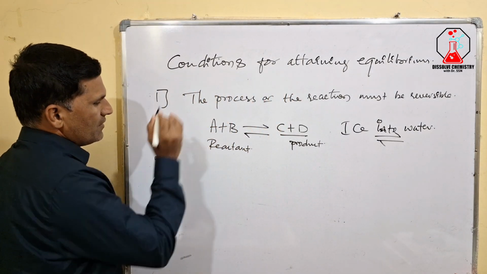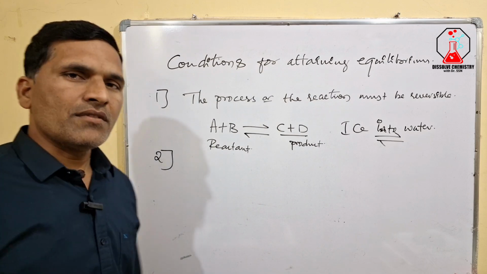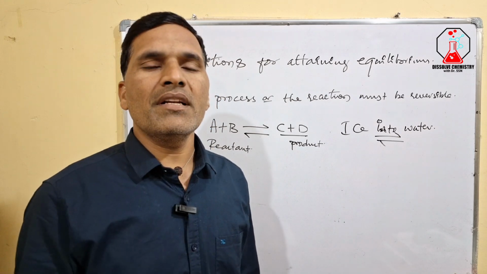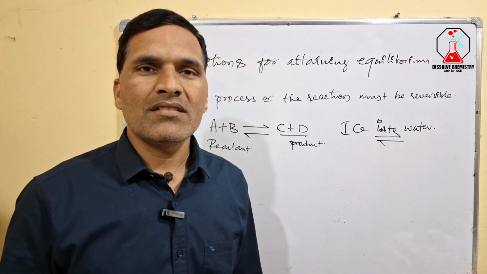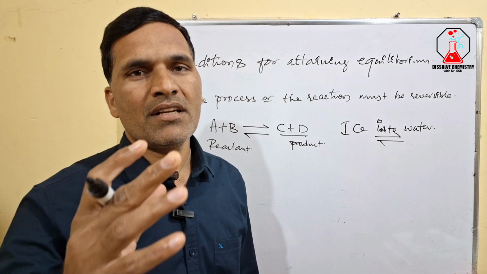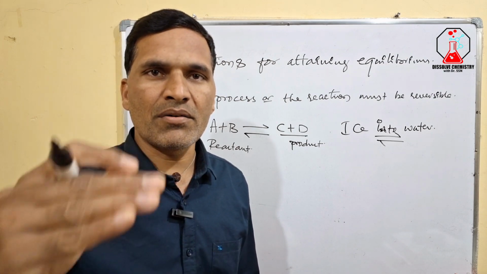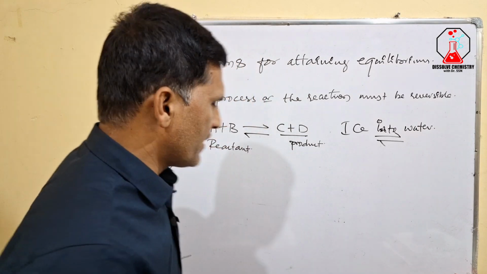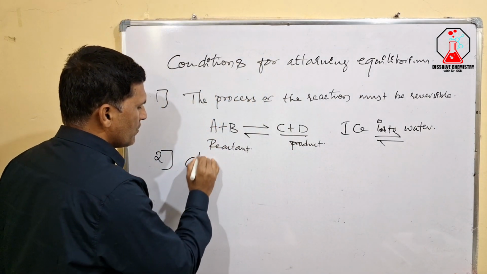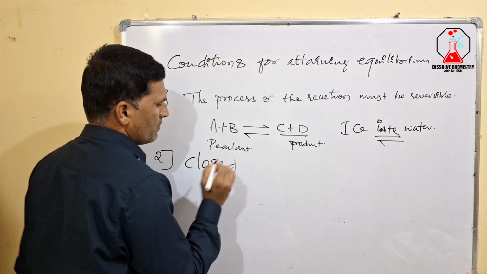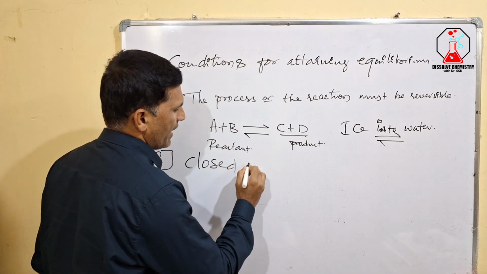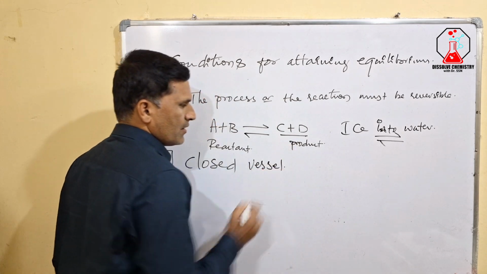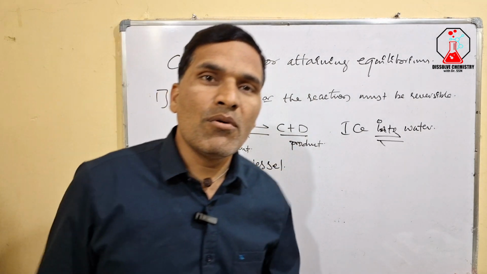The second point is that even if the process is reversible, if you carry it out in an open vessel, then establishment of equilibrium will be difficult, or it is not going to be attained. So to observe equilibrium, the process or the reaction must be carried out in a closed vessel. What happens if you carry it out in an open vessel?